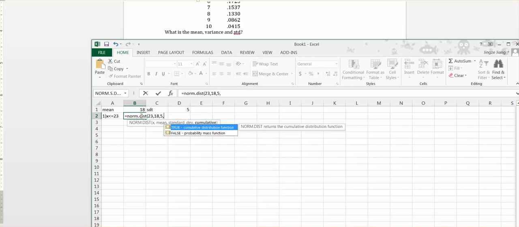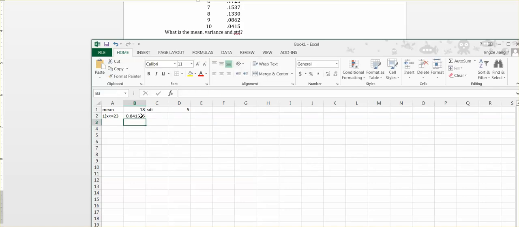And we're always looking at the cumulative distribution. Again, cumulative here means from the smallest value up to the upper boundary of x. So we type in TRUE, close the parentheses, and push enter on your keyboard, and you'll get 0.841345. So that's the probability for x smaller than or equal to 23.